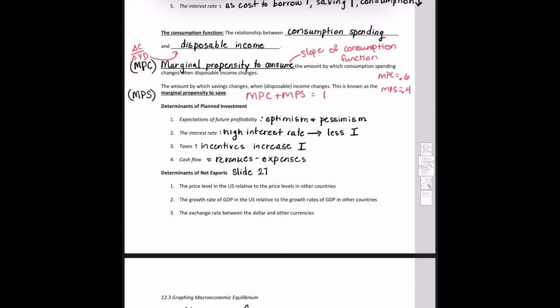Investments are also paid for out of cash flow, which is the difference between revenues and expenses. The largest contributor to cash flow is going to be profit. So during a recession, you won't see as many firms doing investment spending because they have a limited cash flow available.